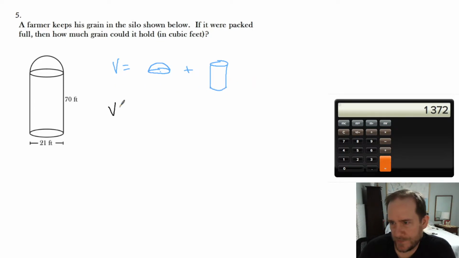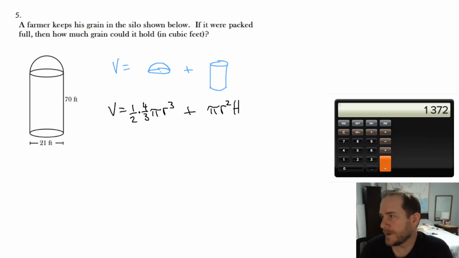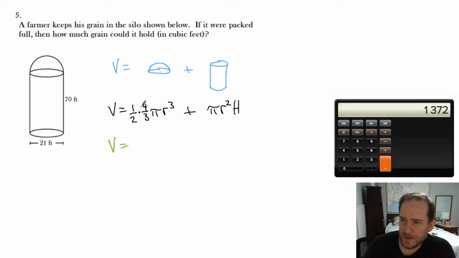So for the hemisphere, it sounds like we're going to do 4/3 pi r cubed, but that's a whole sphere, so we would need another factor of 1/2, and this will now be a hemisphere. Then we're going to add to that the volume of the cylinder, which is pi r squared times height. So substituting in, the 4/3, that's going to be 1 times 4 is 4, 2 times 3 is 6.